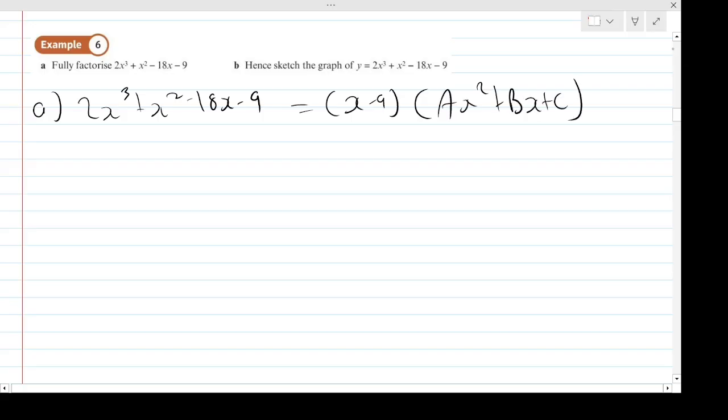So even if I just find one factor, I can get a quadratic factor, because x squared times x would be x cubed. Then I can factorise this quadratic in the normal way, because I know how to factorise quadratics from GCSE and earlier in the course. I just need to get this one factor first, to get a starting point.